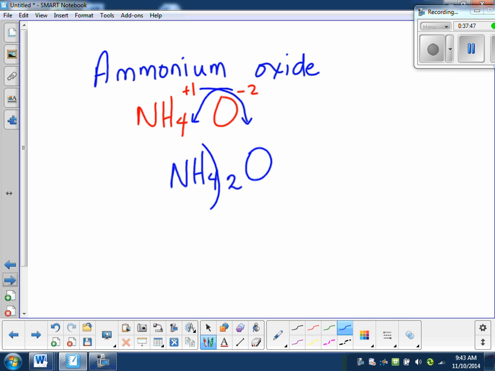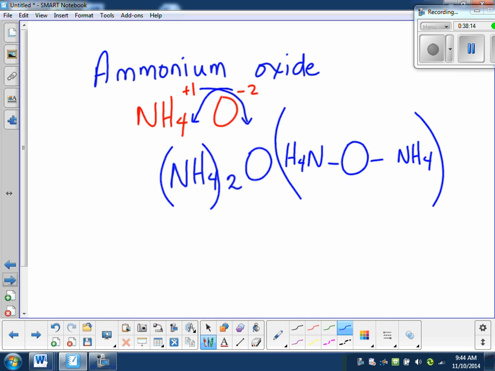And so we have 2 of these chunks. So you need to put it in brackets saying you've got 2 of those. Never put 2 numbers right beside each other. We've got 2 of the ammonium pieces connected to each oxygen. So it kind of looks like this. Oxygen with NH4 off of it there, and NH4 off of it there. So there's 2 ammoniums connected to 1 oxygen, and we just call that ammonium oxide. Okay?